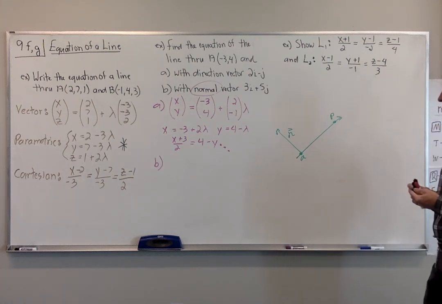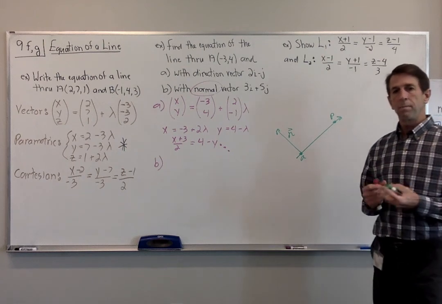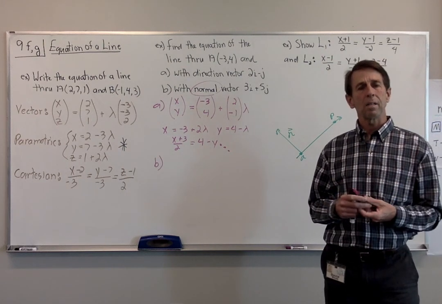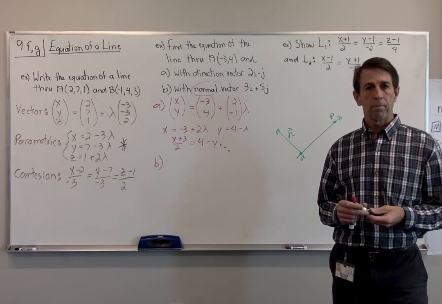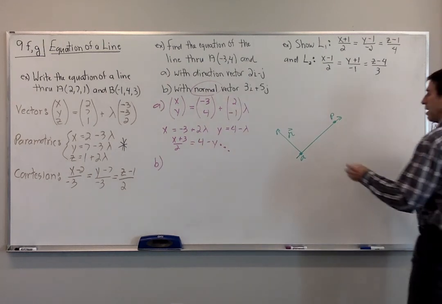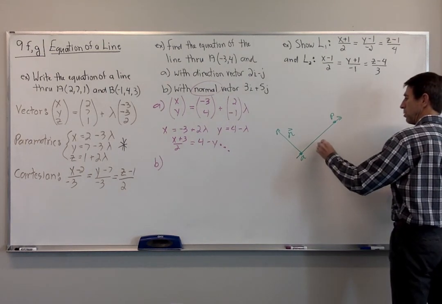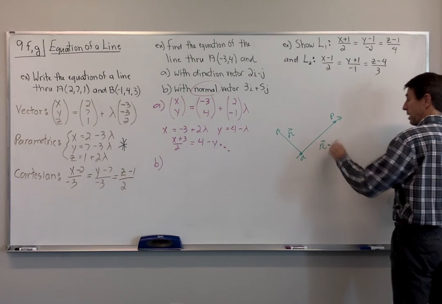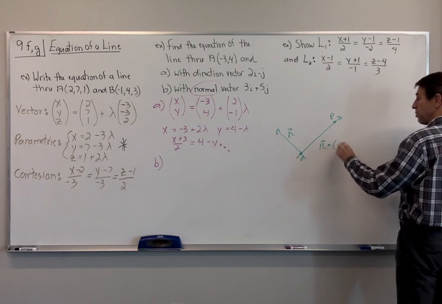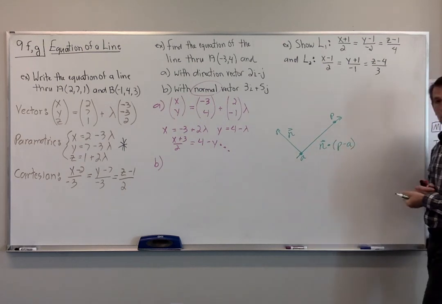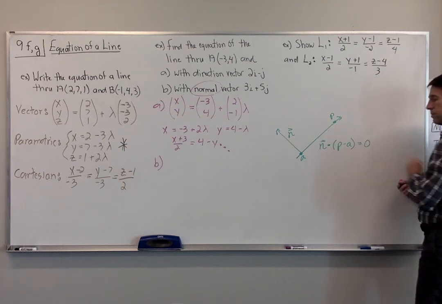Okay, in order to be normal, these vectors have to be perpendicular. And because of that, the scalar product must be 0. So if we think of it, that could mean this normal times, or the scalar product of whatever this one would be, from this point to this point, must be 0.